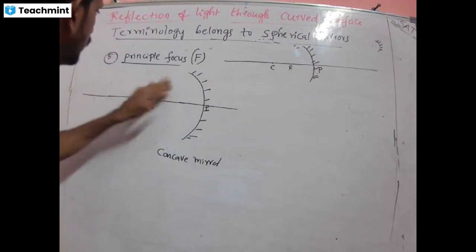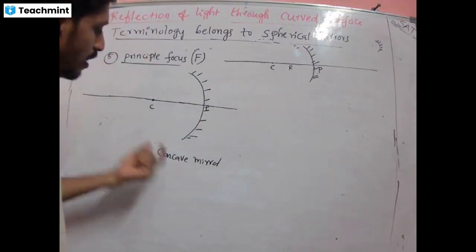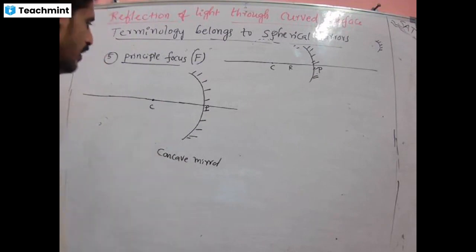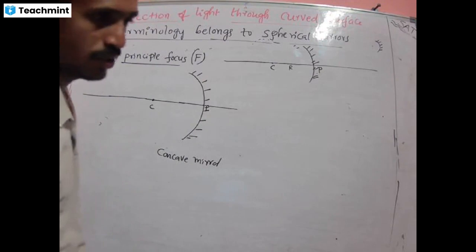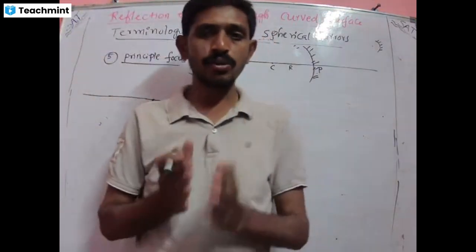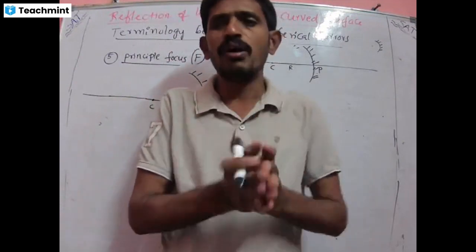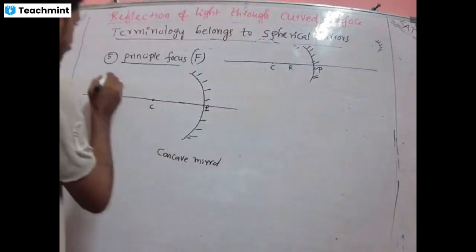Now I want to define the principal focus for the concave mirror. For that, I can take a parallel beam of rays. Parallel beam means the lines which are parallel to each other, and the distance from ray to ray is very small. For example, I can take 2 rays only.